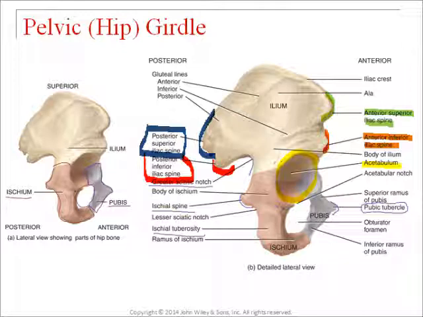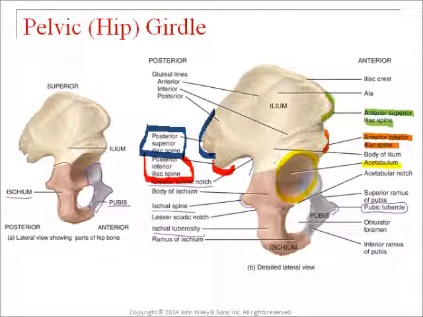Sometimes we abbreviate these iliac spines because there are actually four of them. On the anterior side in green and orange, you'll see the anterior superior iliac spine and the anterior inferior iliac spine. So sometimes these are abbreviated.